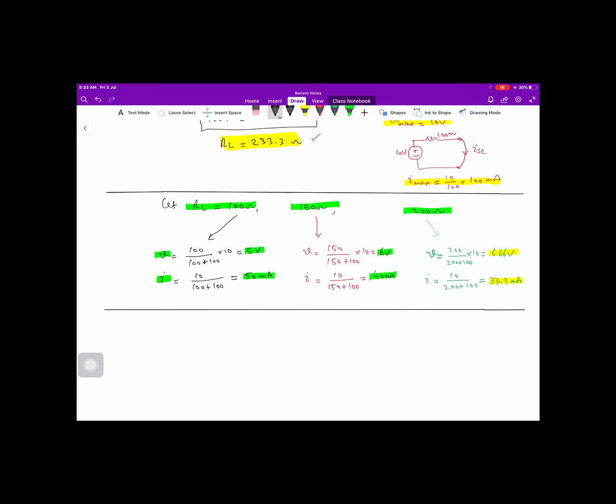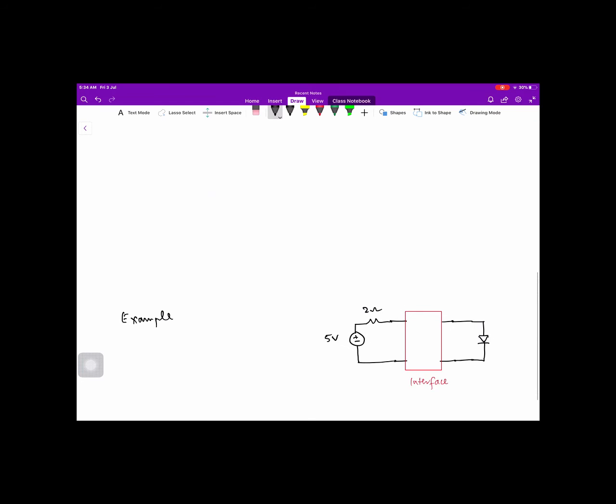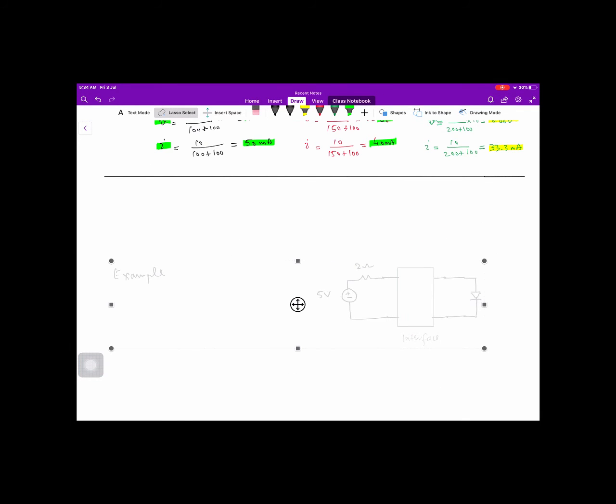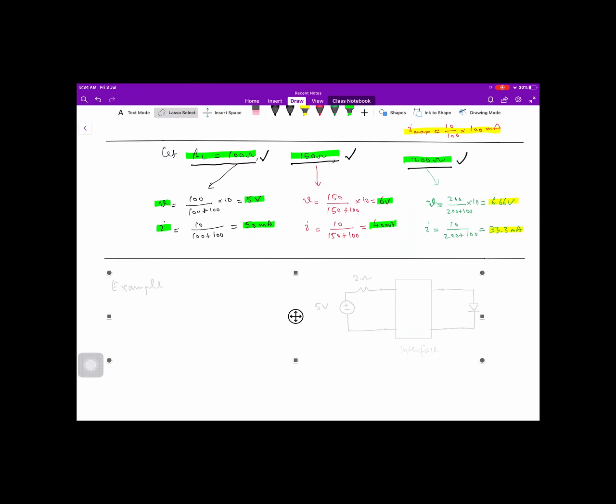Therefore, this load resistance meets the condition, and this one also meets the condition. Because it was a very simple case, we can design the interface, which is basically a pass-through. We have proved that a simple pass-through interface circuit will be sufficient.